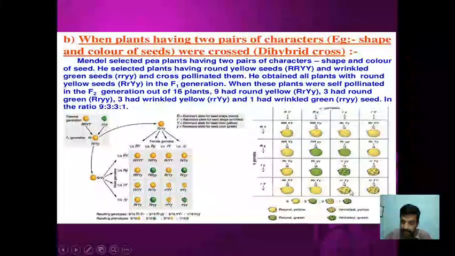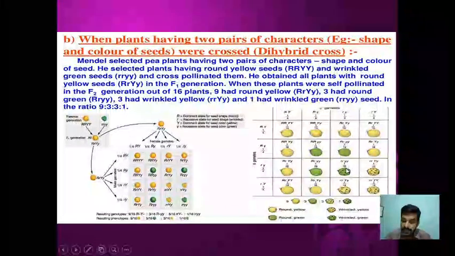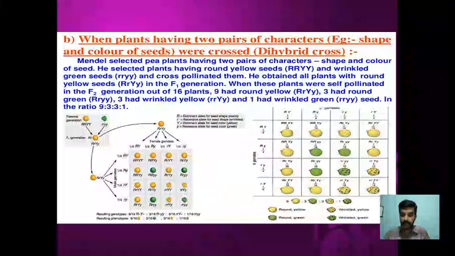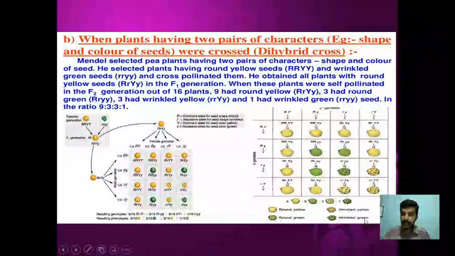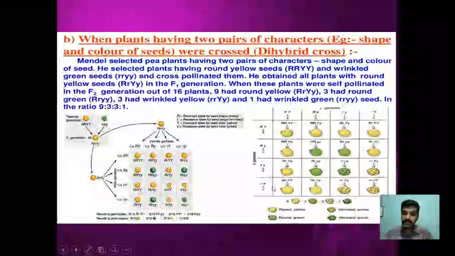So here we find wrinkled yellow, 3, and 1 wrinkled green. So the phenotype ratio of the F2 generation in a dihybrid cross will be 9 is to 3 is to 3 is to 1, with respect to round yellow, then round green, wrinkled yellow and wrinkled green. So this is the phenotype ratio.